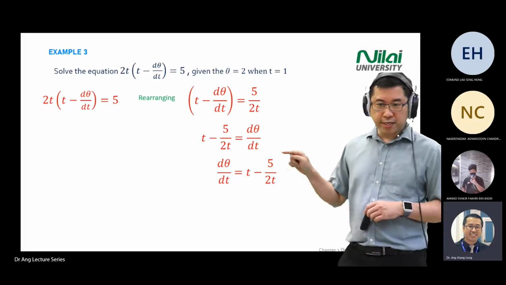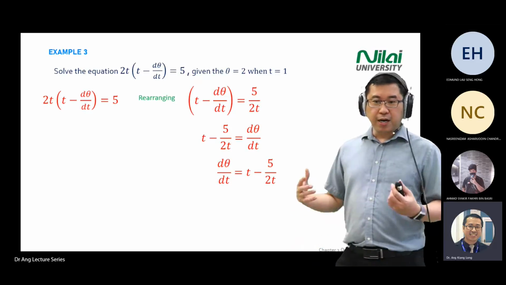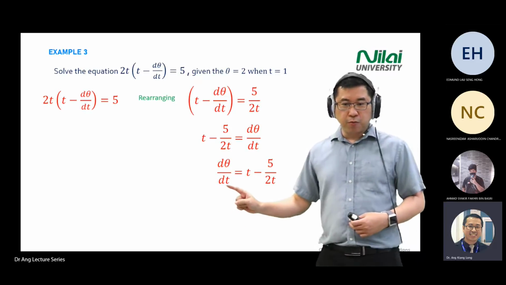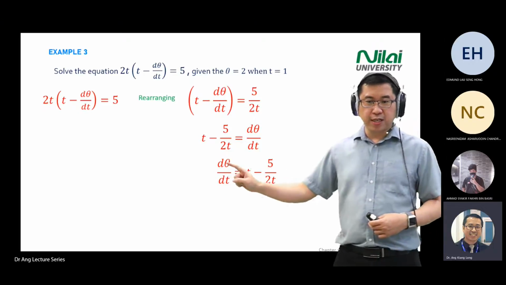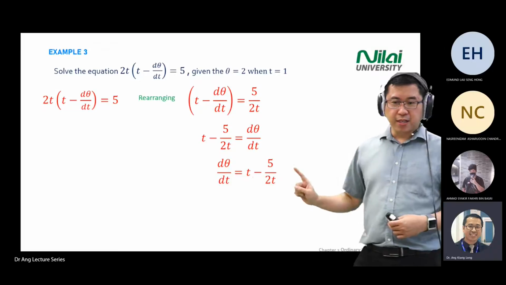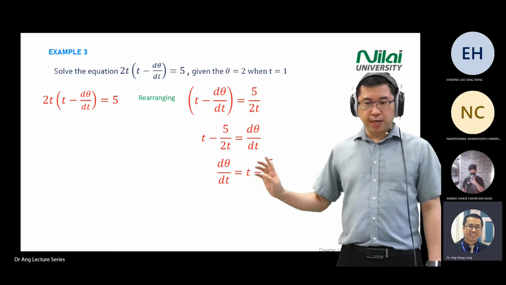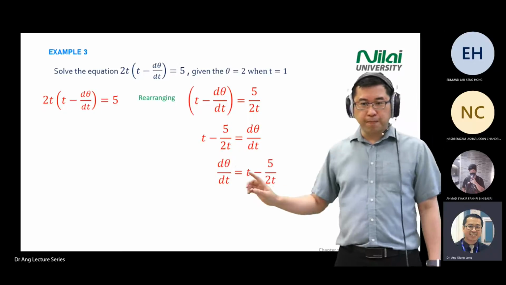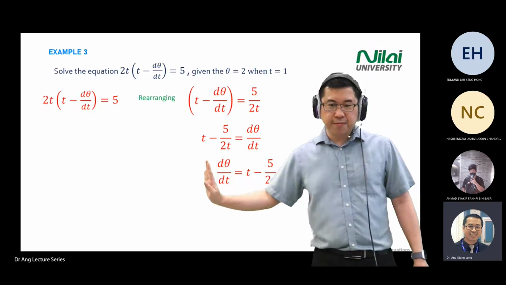Now, once you get this equation, the next step is you want to do integration. How do you do integration? You move your dt to the right hand side. Then you are seeing d theta on one side, dt on the other side. Now, when you do the integration, make sure, later we'll look at more complex equations, that one side is the same thing.